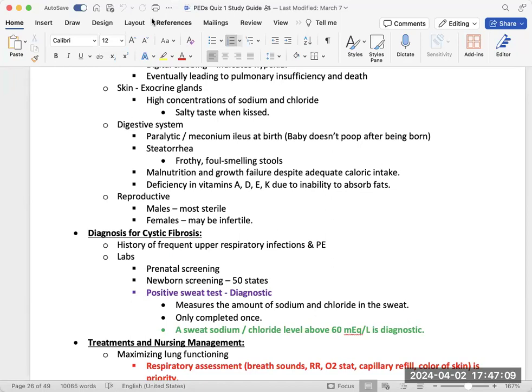When they do poop, they're going to have steatorrhea, I don't know how to say that word, but basically it means they have fat in their stool, causing frothy, foul smelling stool.